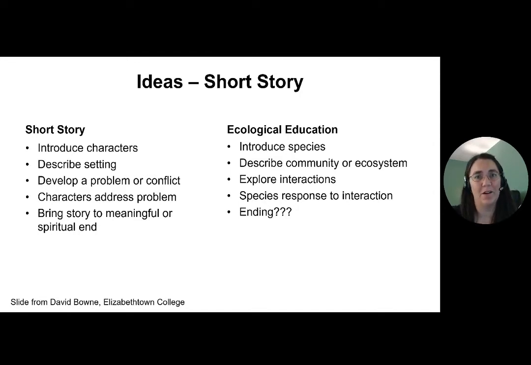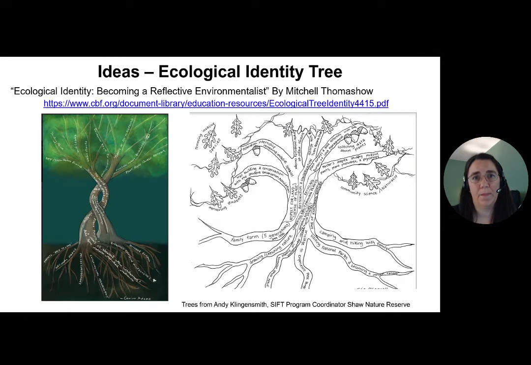So, anyway, there are a lot of parallels between how you can write a short story and do something that is related to your interactions with nature and your experience with nature, or something you think is important to get across to an audience about human interaction with nature that has some personal significance and personal expression as well. So, that's one possible idea.